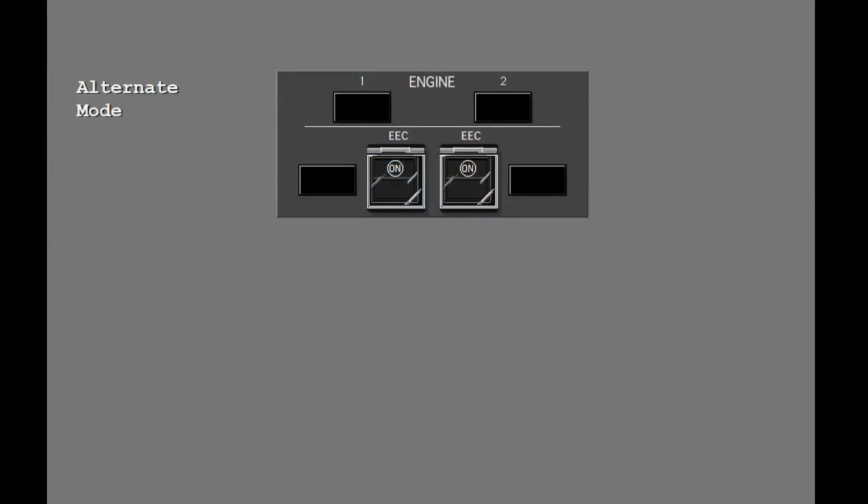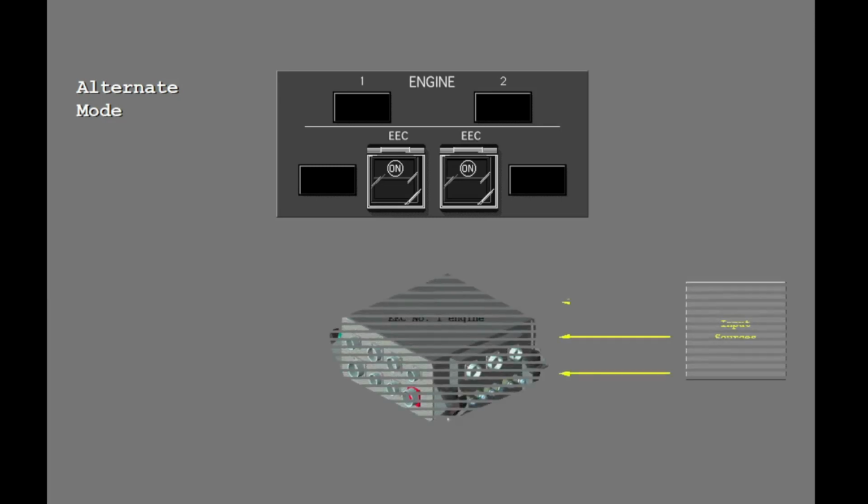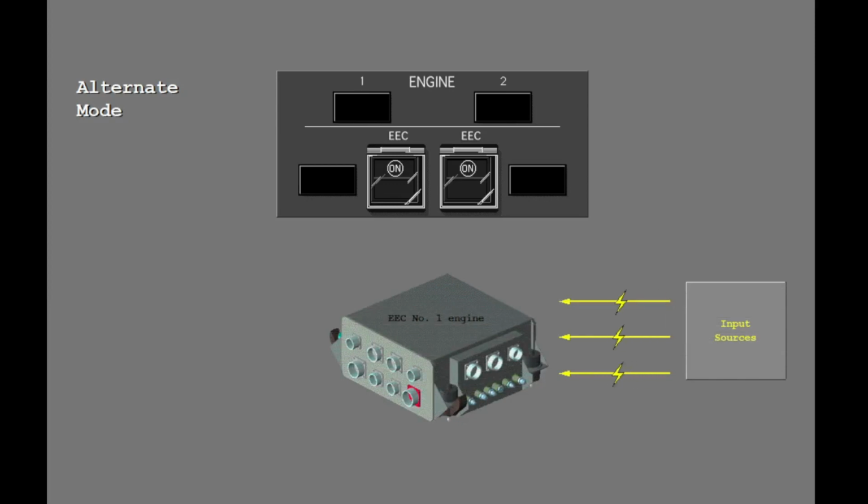The EEC can operate in one of two alternate modes, soft or hard. If the necessary normal mode inputs are not available to the EEC, the EEC changes to the soft alternate mode automatically.